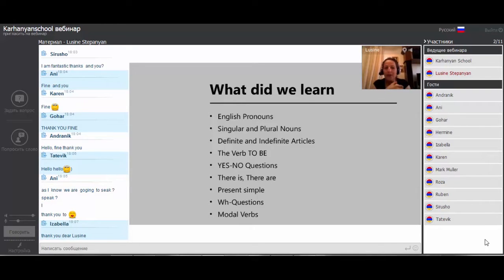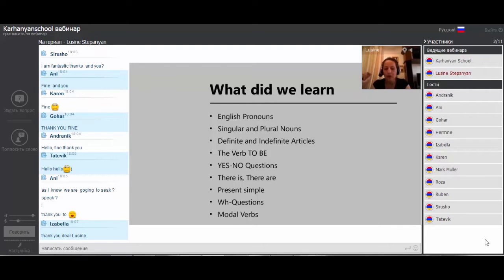Singular and plural nouns, for example computer, computers, table, tables, chair, chairs, but man, men, woman, women, child, children, foot, feet. We learned a little bit about the articles, a, which means one, and the.